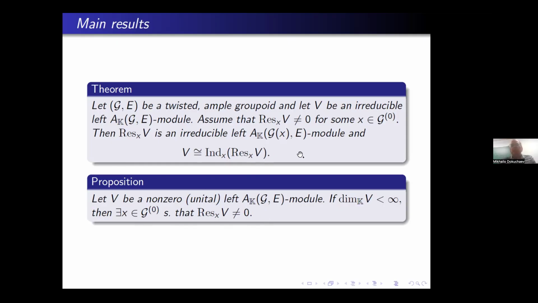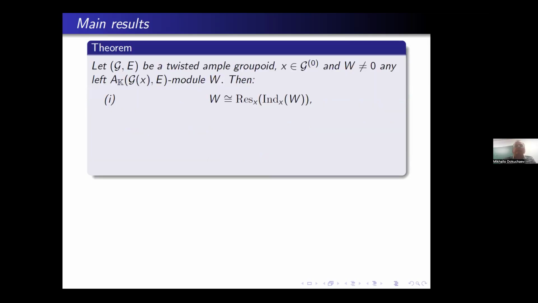So in particular, this theorem is true for modules which are finite dimensional over the base field. Any left module of the Steinberg algebra which is finite dimensional over the base field is induced from the restriction. And the reason is simple, because you have a groupoid, right? Yeah. Okay, thanks.